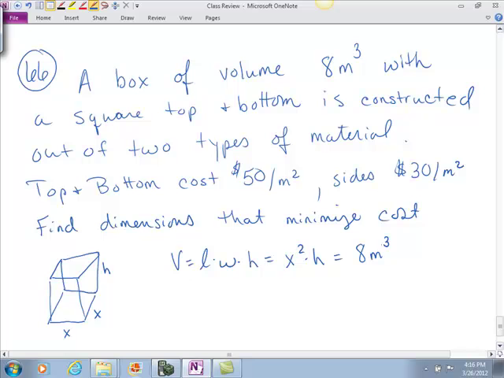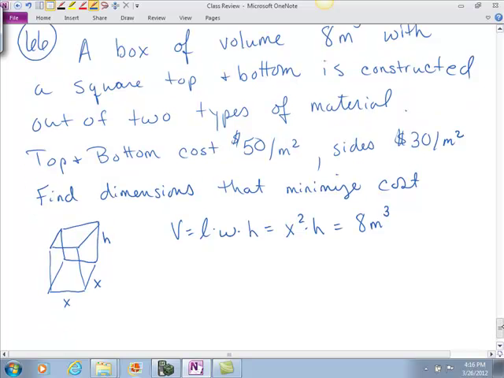Now, we need to come up with a cost function, and it's going to deal with the surface area. We have the squares on the bottom and the top that cost $50 per square meter. So you have 2 x squared, because x squared is the area of the square, and you have 2 of them, times $50, right?